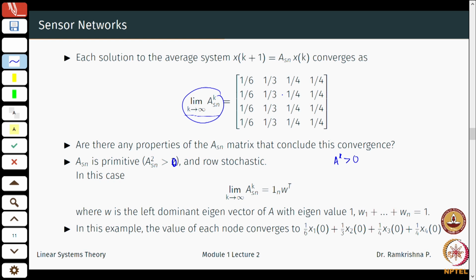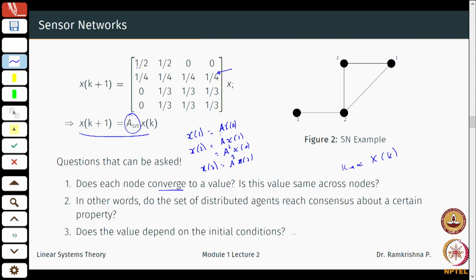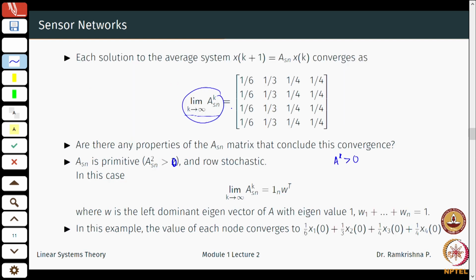And if the matrix is row stochastic, what does that mean? If you sum any of these rows, the sum of the row would be 1. You add these 4 numbers, it will be 1. Add these 3 numbers, it will be 1. If these two properties hold, again we will not do the proof of this. I am just giving an introduction to what kind of properties we are looking at exploiting.